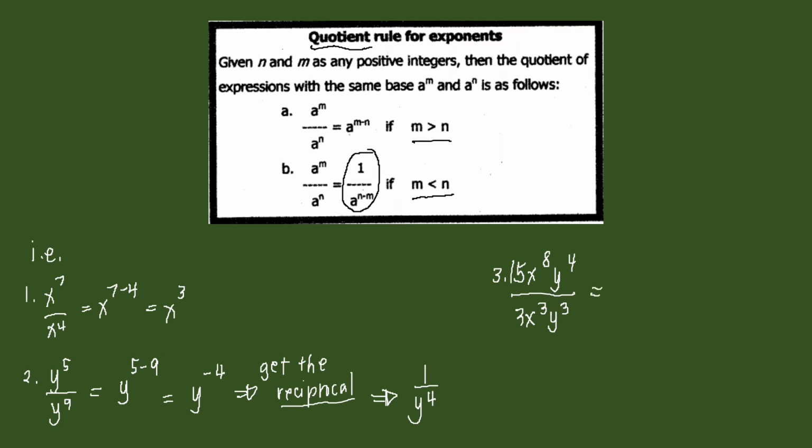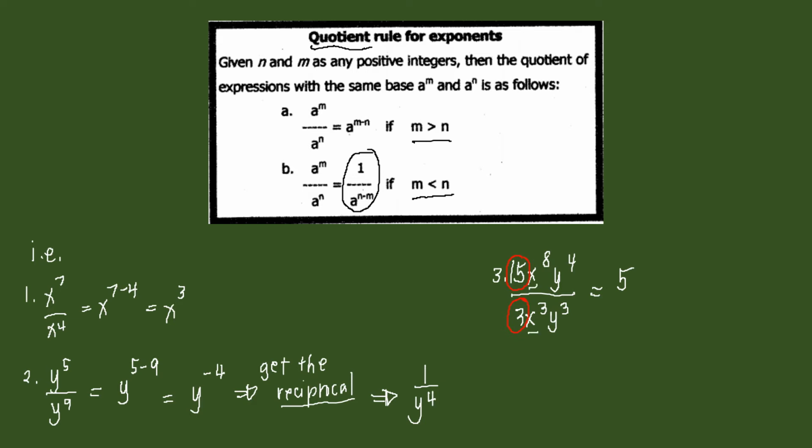So for this case, because it's a much more complex algebraic expression, what you can do here is divide the whole numbers, and then look at the expressions with exponents. So I have here 15 and 3. So I can divide 15 and 3, right? So what is 15 divided by 3?